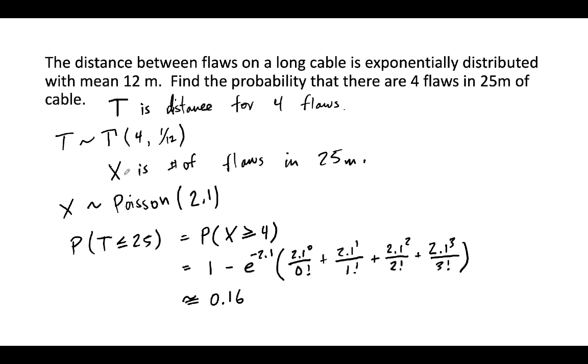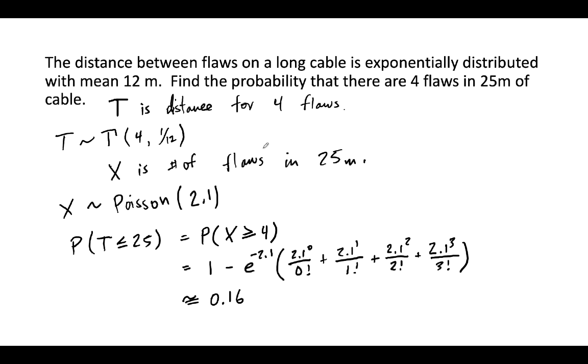And in order to solve this problem, basically what we did was we did a long process of changing it to a Poisson and looking at it from a Poisson problem, and then working it out this way.